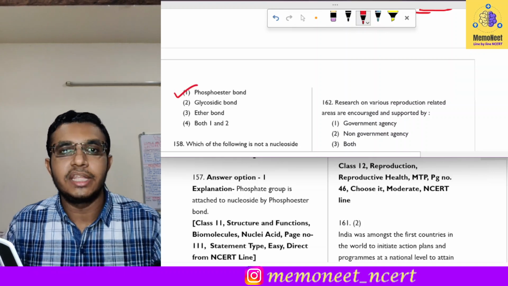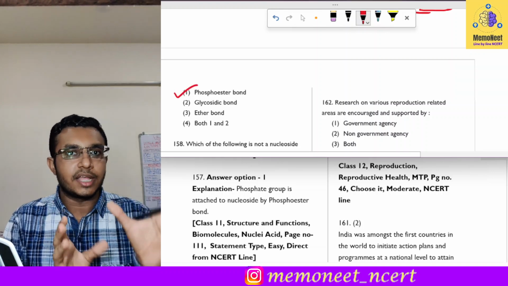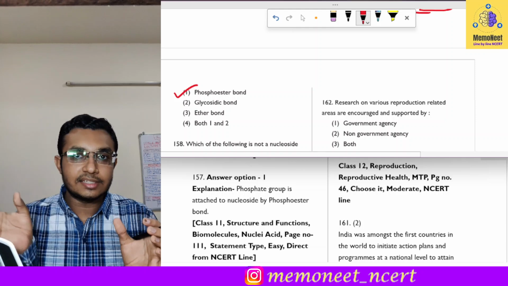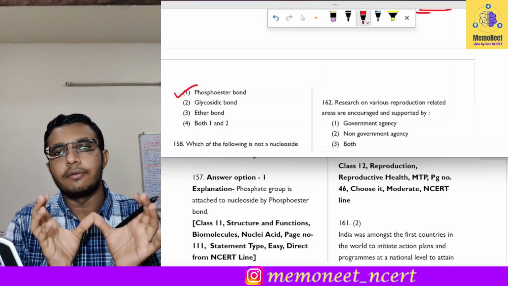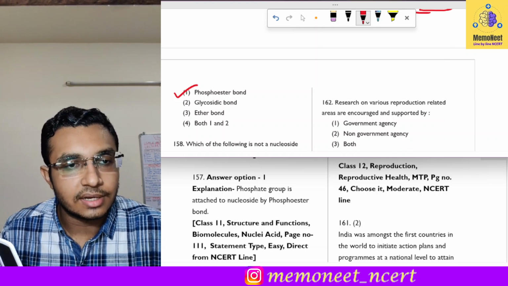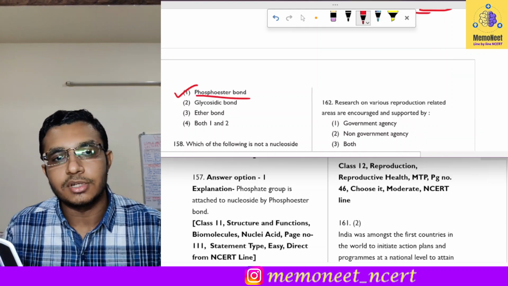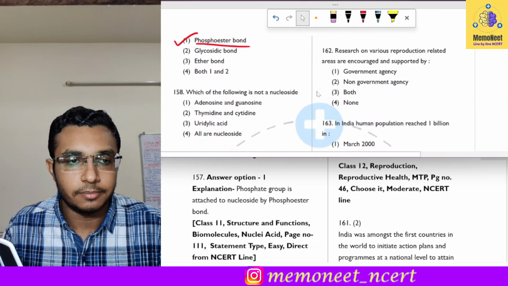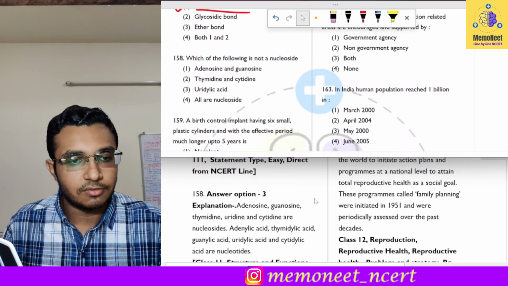When the nucleoside, that is ribose sugar and nitrogenous base, gets combined with the phosphate group, it will form a nucleotide. So the correct answer of this question will be option 1, that is phosphoester bond. The next question is question number 158.